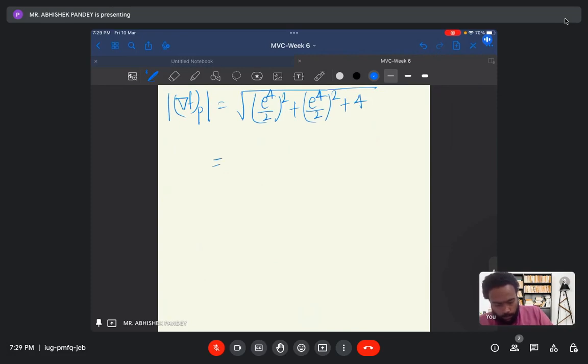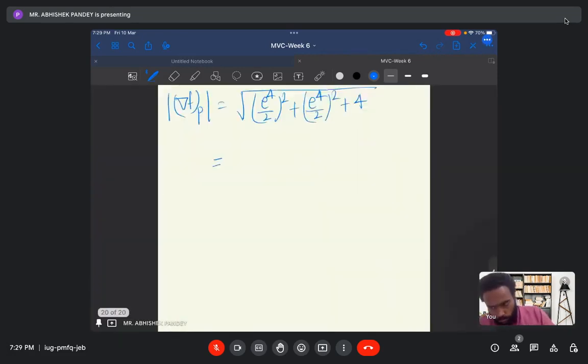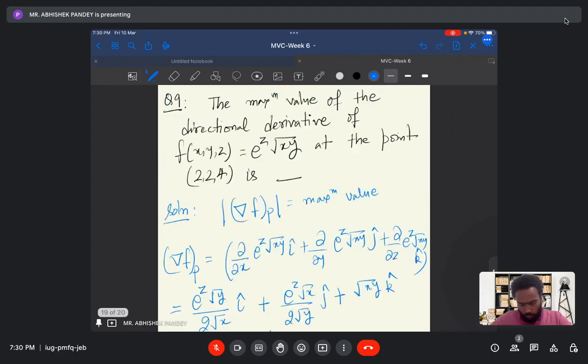So this is e to the power 8 by 4 plus e to the power 8 by 4 plus 4. I hope this is correct.